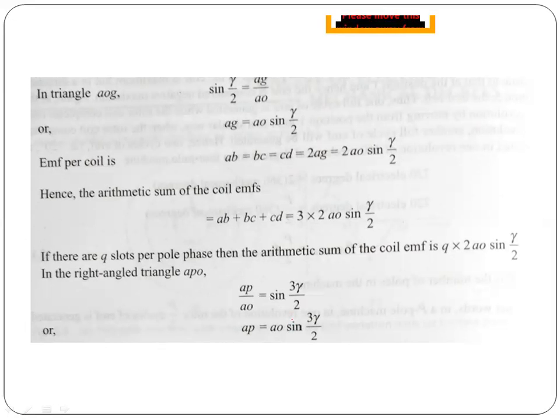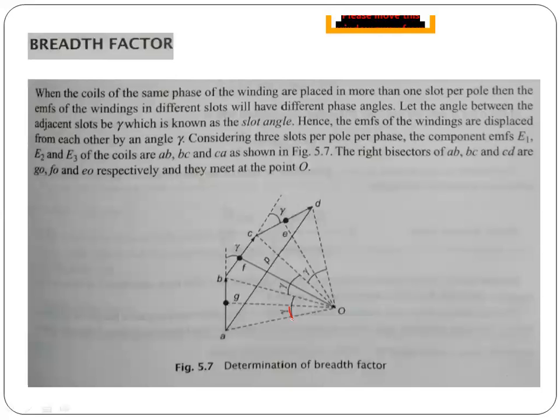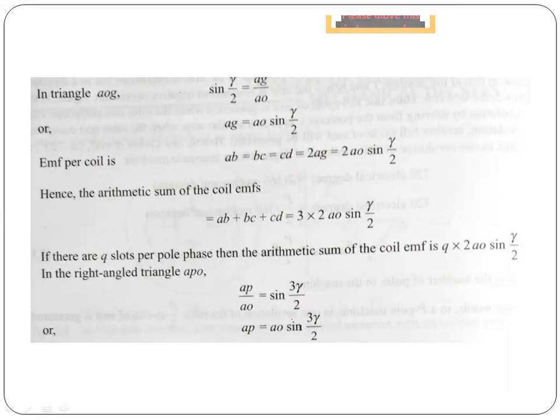Now sine gamma by 2 is basically AG by AO. Now AG equals AO into sine gamma by 2.